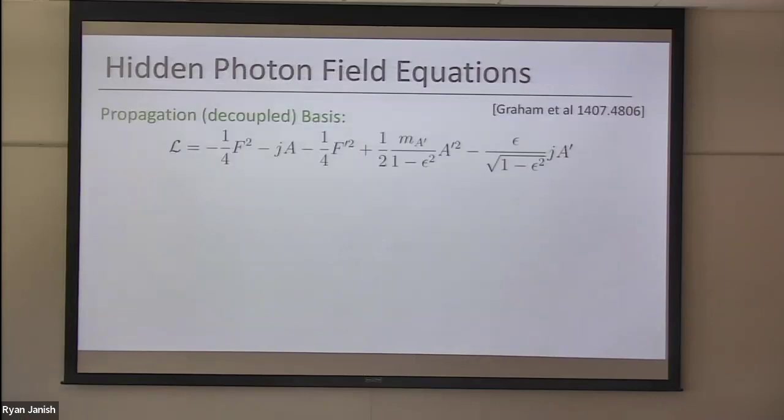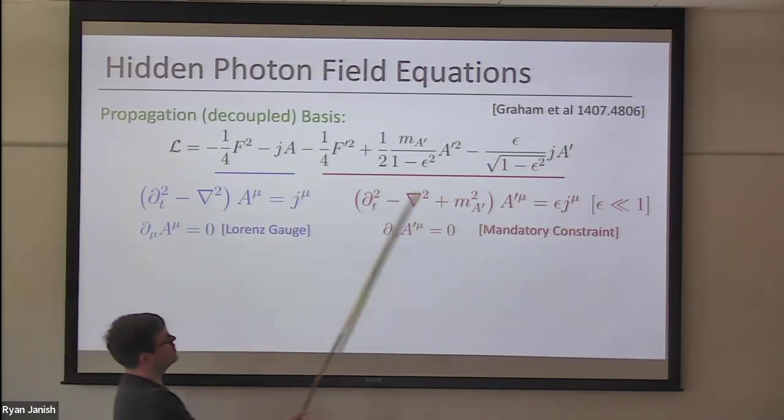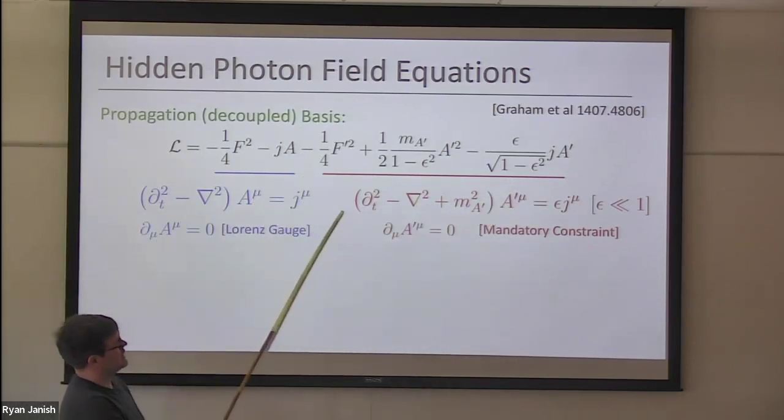So we can work through this. We need the field equations. We can get those most easily from the Lagrangian in the propagation basis, because then the two fields just decouple. We have ordinary Maxwell, which gives us Maxwell's equations here in blue. Then we have the Proca Lagrangian here, and this gives us a massive version of Maxwell's equations.